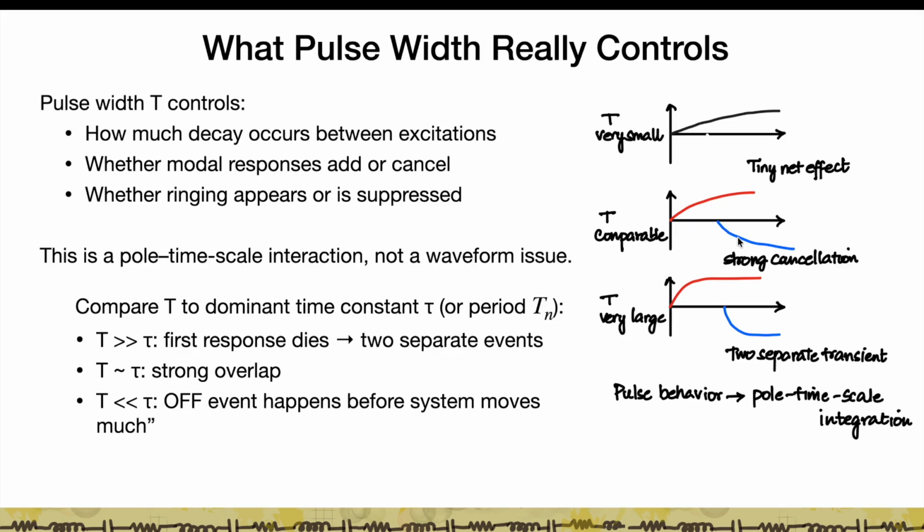The subtraction can cancel a lot, or it can create visible ringing depending on the system. Now if capital T is very small, the system barely has time to move before the off event arrives. So the net output may be small, almost like a very tiny tap. This is why pulse width control in electronics or control systems is powerful. It shapes how modes are excited by controlling overlap.